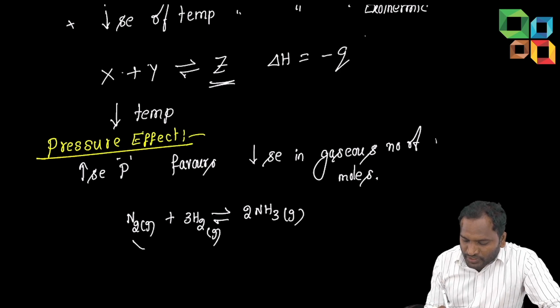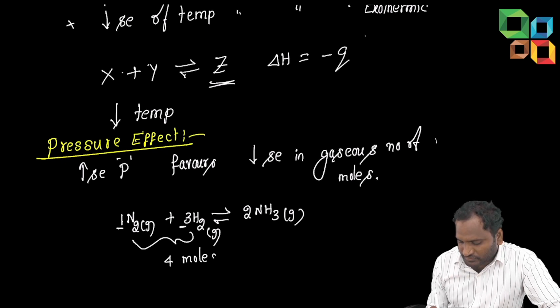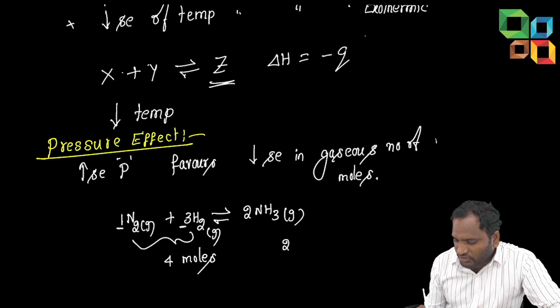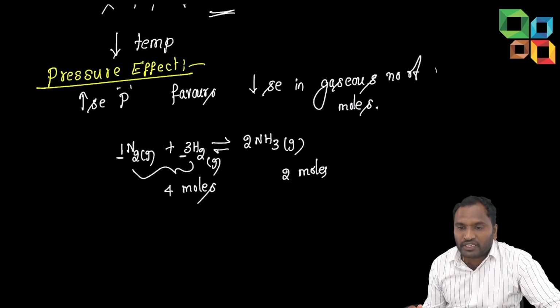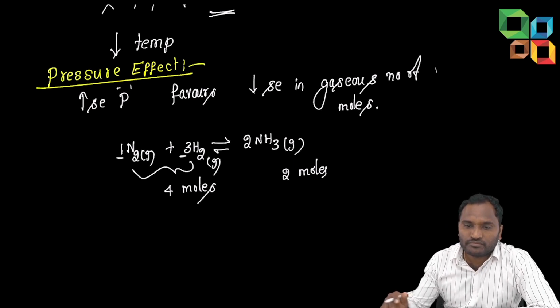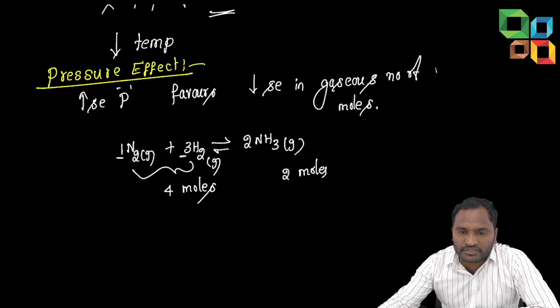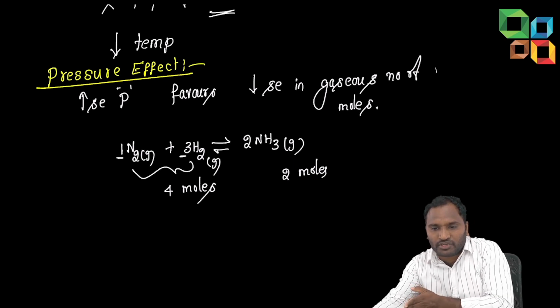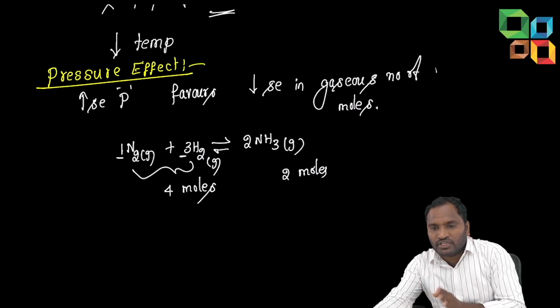See students, reactant side how many number of moles are there? Gaseous number of moles, this is 1, this is 3. Total 4 moles of reactants are there. Product side how many moles? Ammonia only 2 moles. Now if I increase the pressure, equilibrium moves towards less number of moles side. Which side?